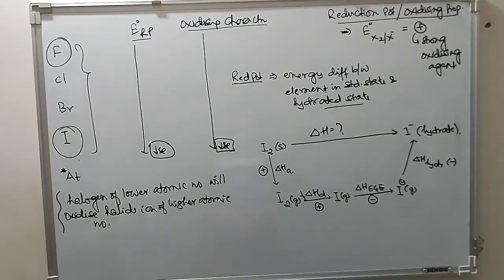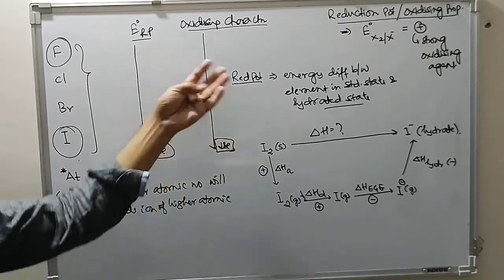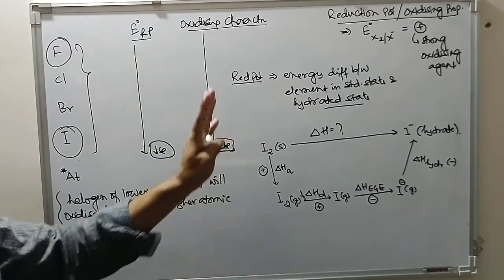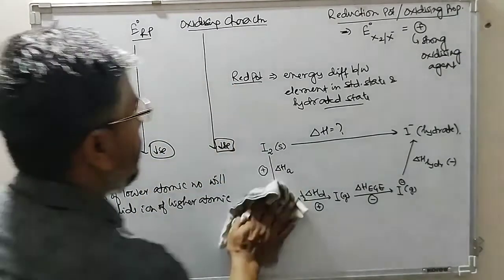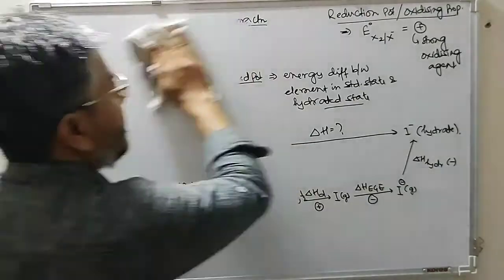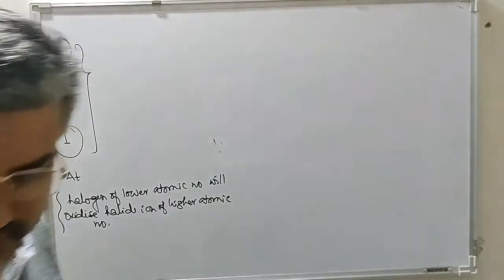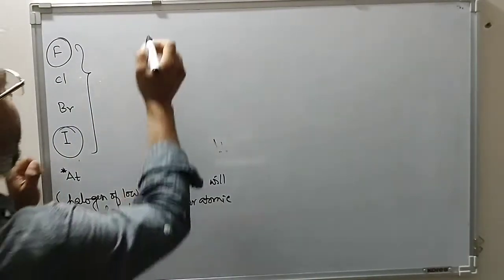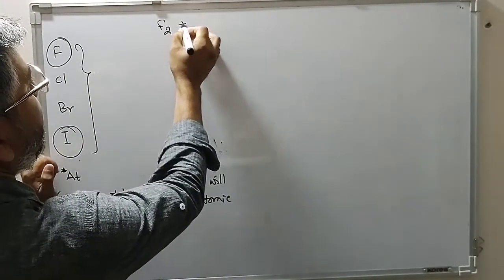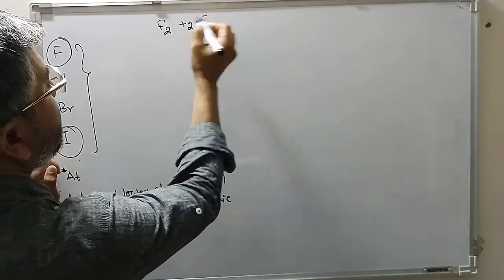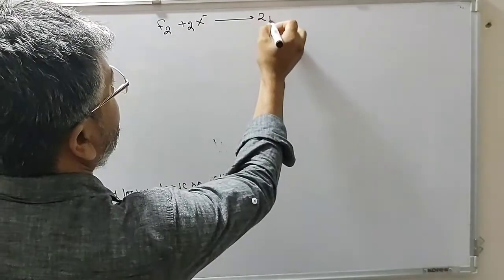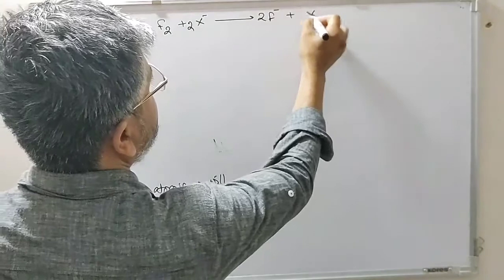Then, fluorine is the strongest oxidizing agent. I have told you the reason why. Summing up, fluorine can react with X minus to give 2F minus plus X2.